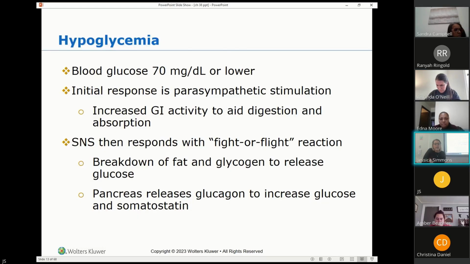Those ketone acids spill over into their urine, which is why probably 99% of type 1 diabetics have urine dipsticks in their medicine cabinet to test for ketones in their urine, because it is a sign of DKA.